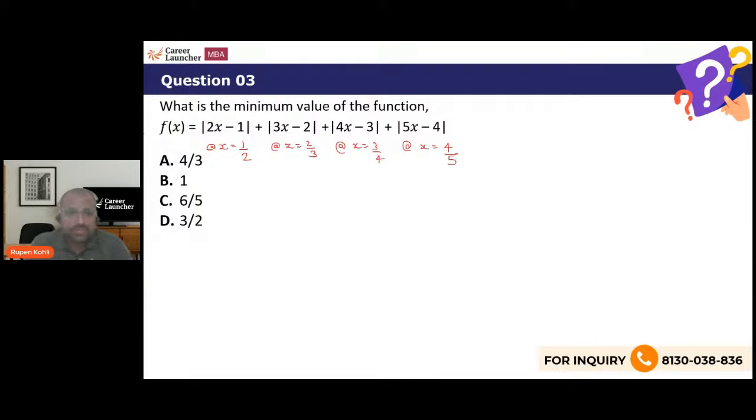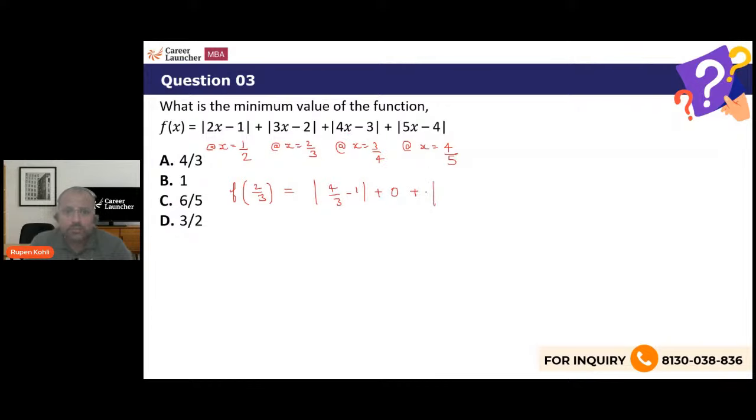So if f(x) is this, you need to find the value of f of 2 by 3 and f of 3 by 4. Whichever is the smaller of these two is the least value of the function. So find f of 2 by 3. Mod of the first term, 2 into 2 by 3, which is 4 by 3, minus 1, plus the second term goes to 0, because that's the value we are picking.